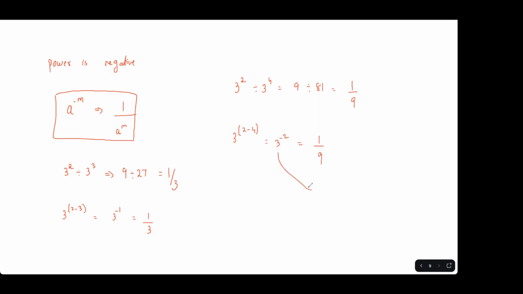So converting it, what will we write? 1 upon 3 raised to 2. Sir, means that whenever there is a negative power, we write 1 and then calculate the positive power in the denominator. Correct, you remove the negative. Yes, okay, sir.